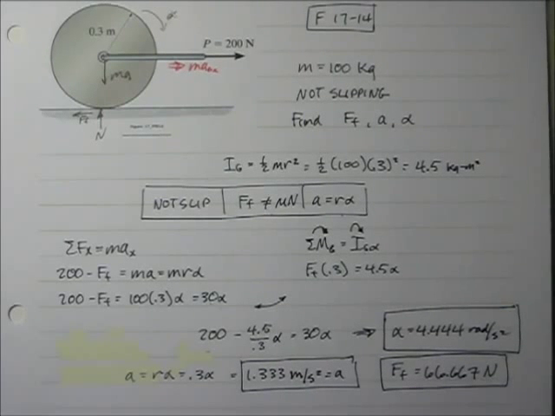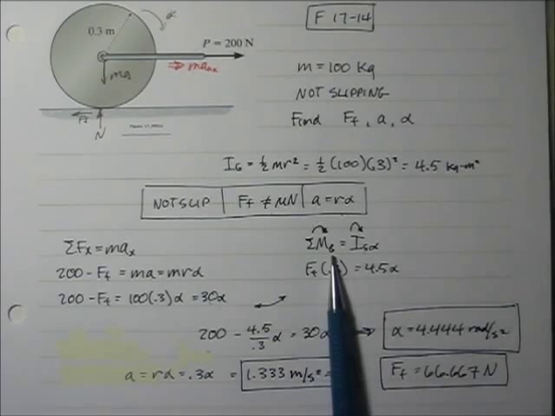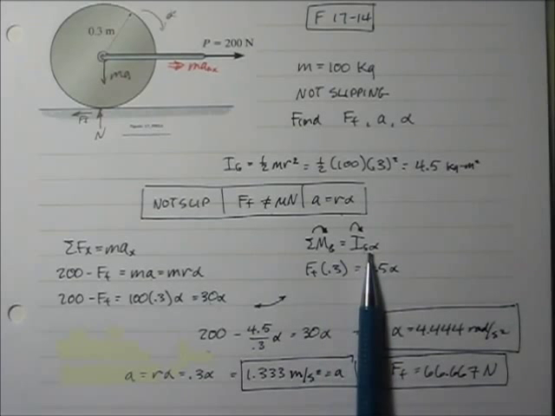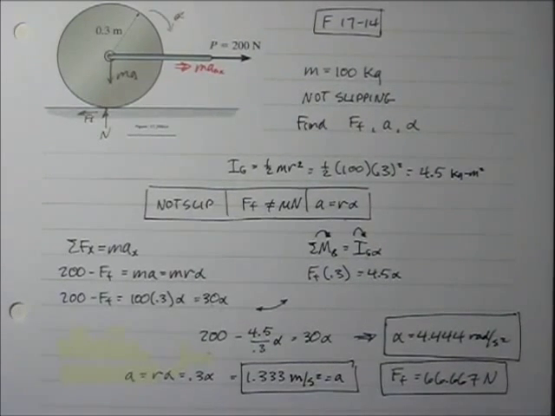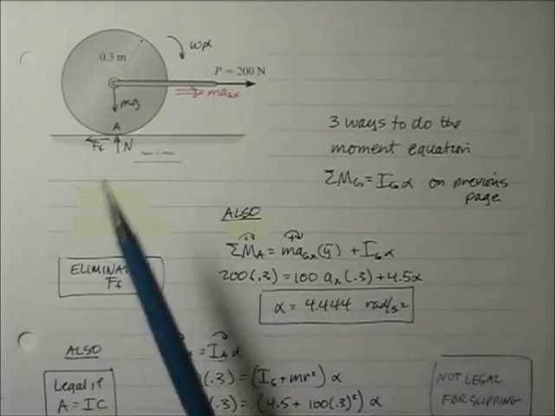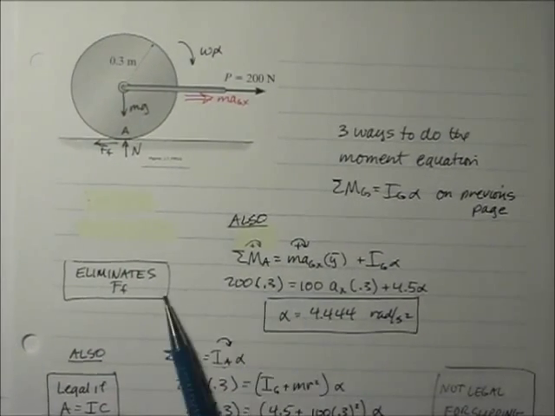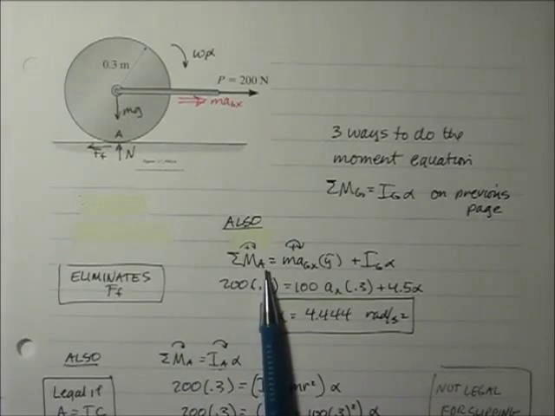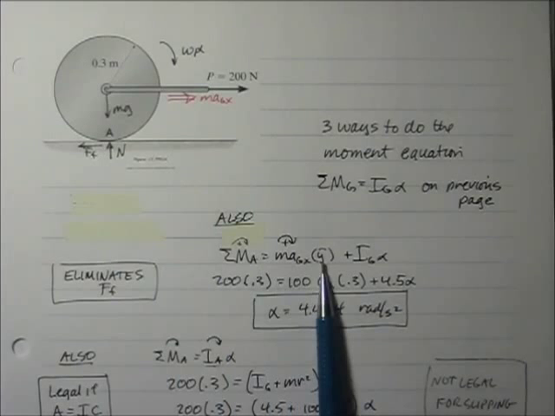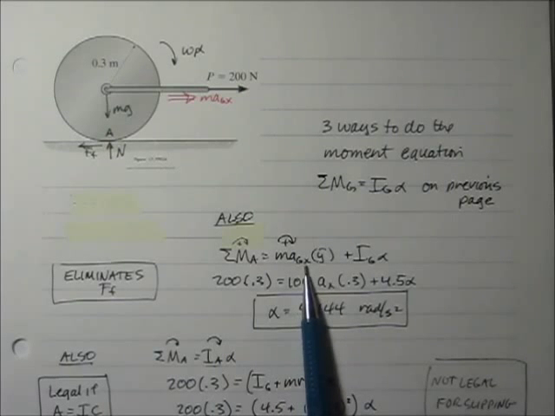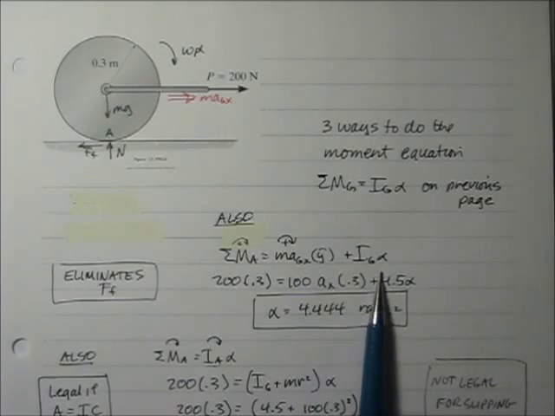Now the takeaway I want you to think about is that I've summed the moments about G equal to Ig alpha, but there are actually three ways you can do the moment equation. The other two ways: you can sum moments about A. If you do that, you can use the general equation. Sum of the moments about A is equal to m a of G in the x direction times y bar plus Ig alpha.